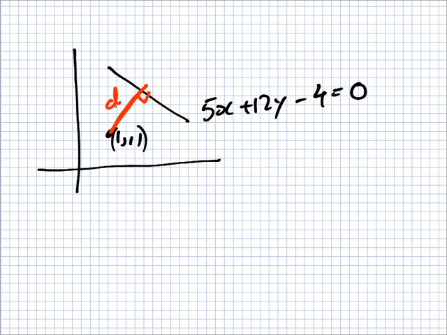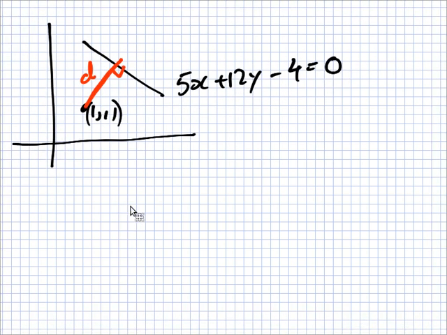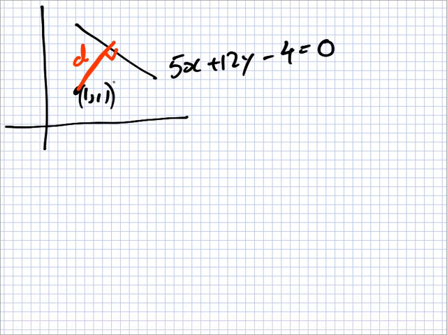Now, unfortunately, the only way to do this is by using a formula which you haven't seen, because I don't think it's in your maths class. So I have to give you the formula. So what we do is we call this A, this 12 is B, this minus 4 is C, and then we call this x0, y0.